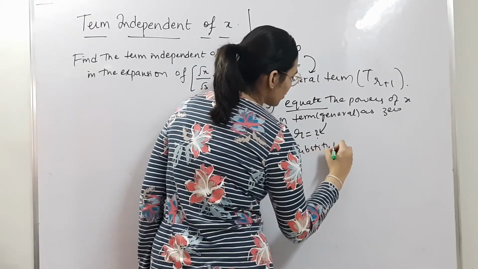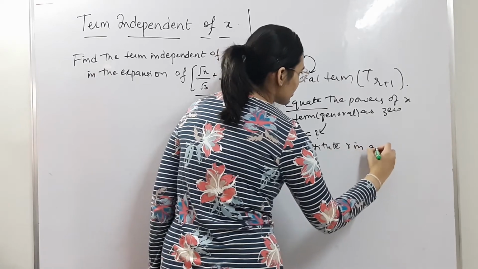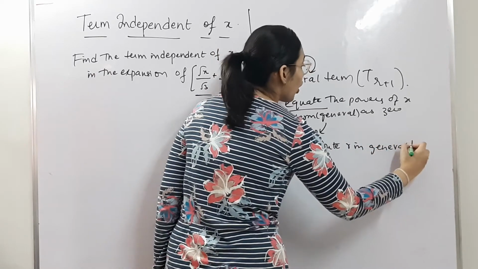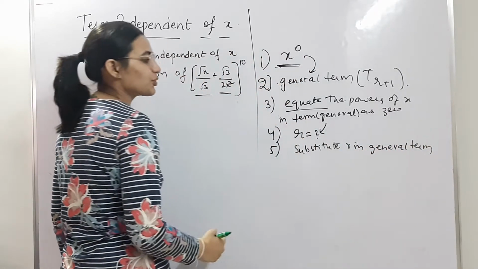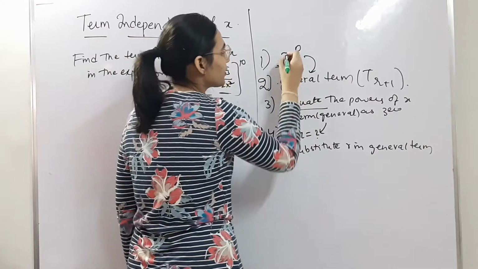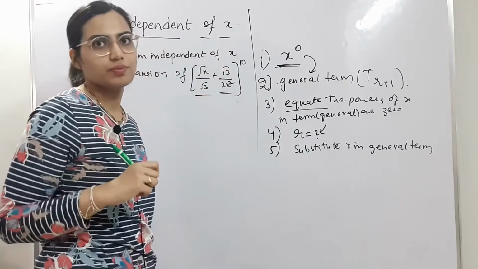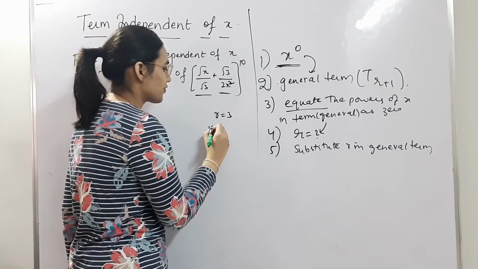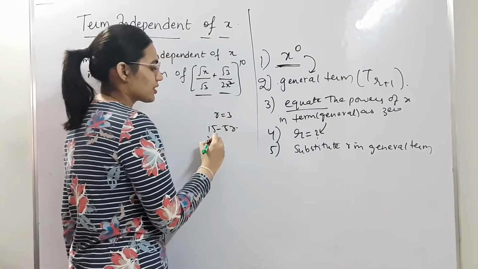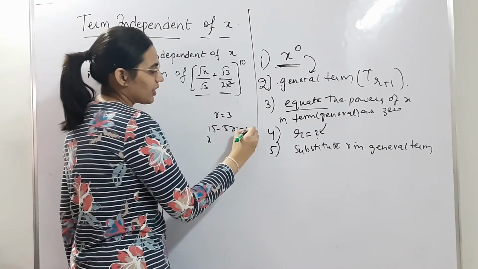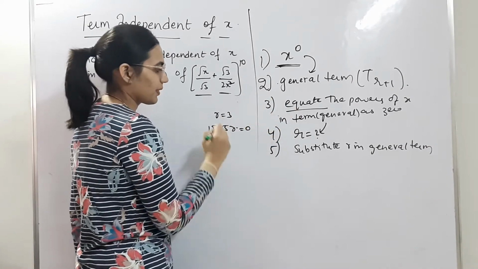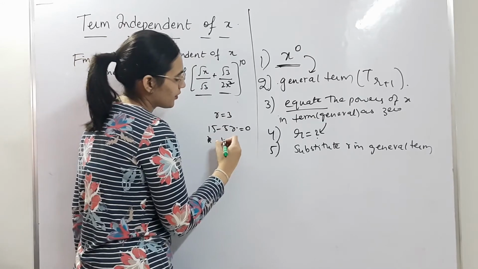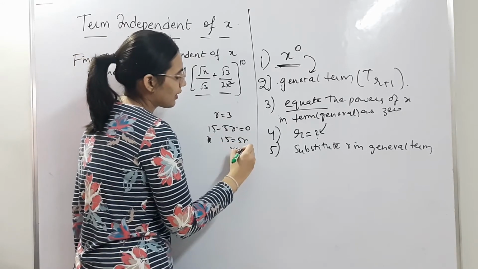Please substitute r in the general term. Automatically, after substituting, the power of x will become 0. For example, if r is 3 and 15 minus 5r is the power of x, and we are equating this to 0 in that step, we get 15 is equal to 5r and r is equal to 3.